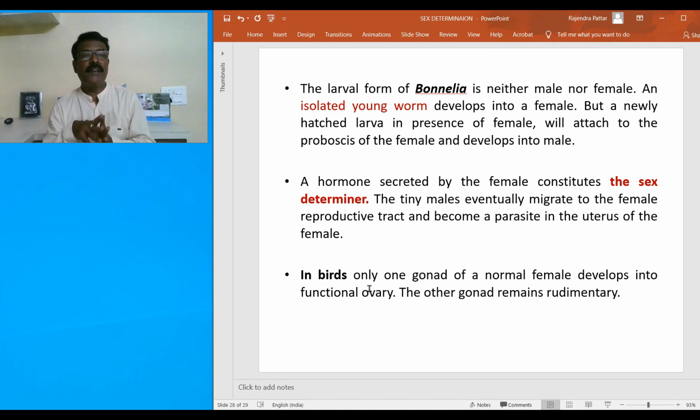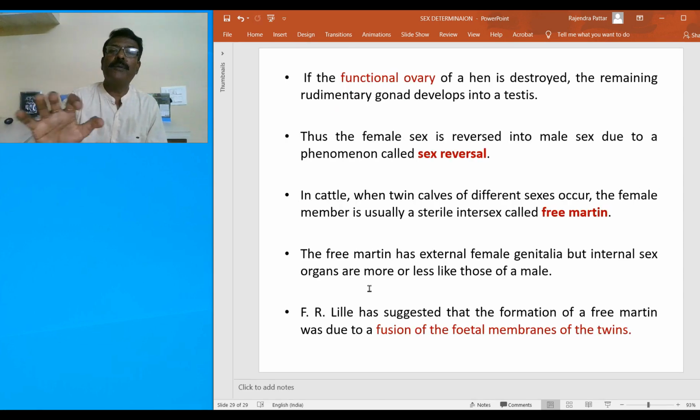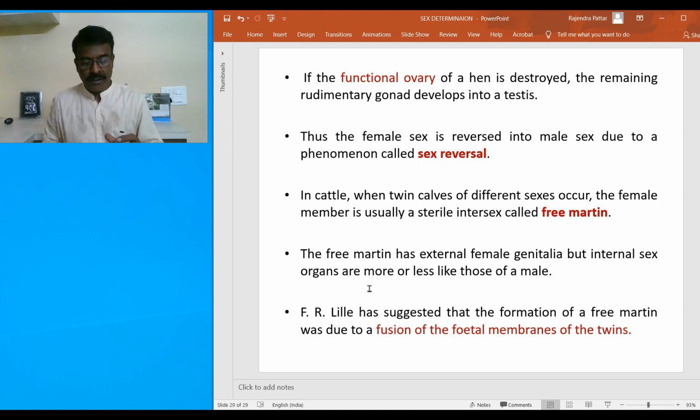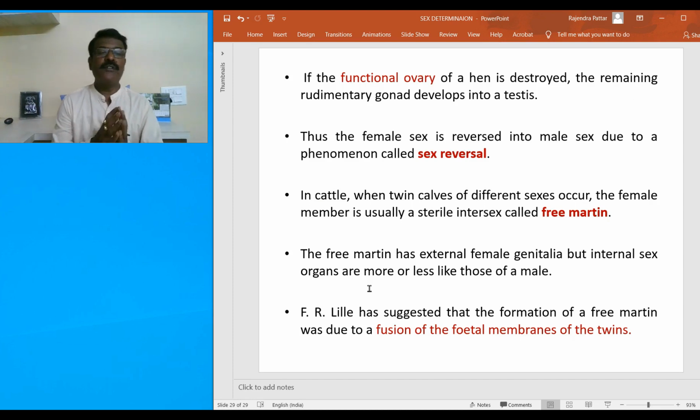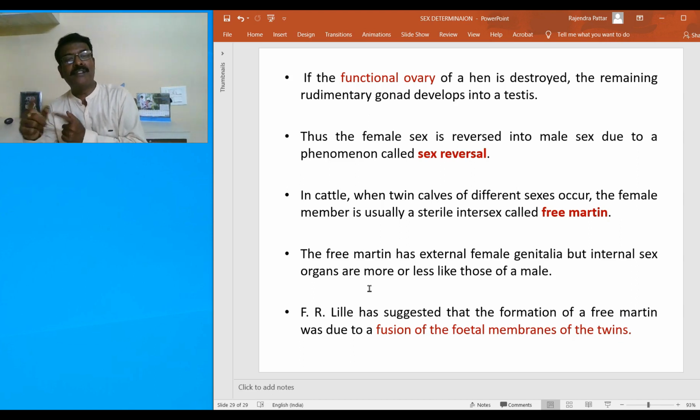A female bird has only one functional ovary, and the other is rudimentary. You all know this fact. If we do an experiment and remove the functional ovary from the bird, the rudimentary ovary becomes functional and begins to differentiate into a testis, and the bird becomes a male.